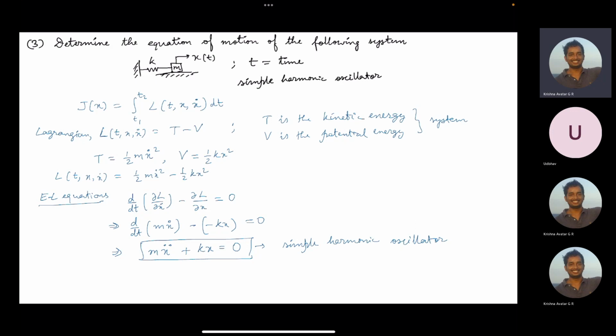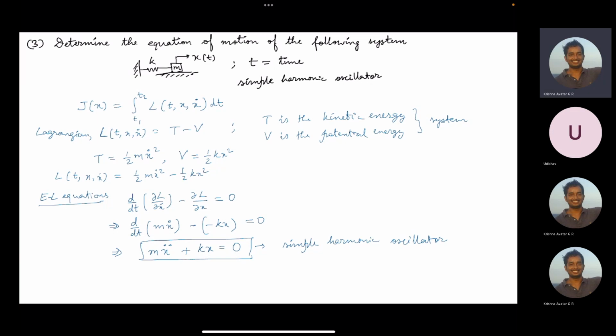One end of the spring is attached to a fixed wall, and the other end is attached to a mass which oscillates on a frictionless surface. The displacement is given by x, which is a function of time, where t denotes time. You may recall that this is a schematic of a very simple harmonic oscillator.